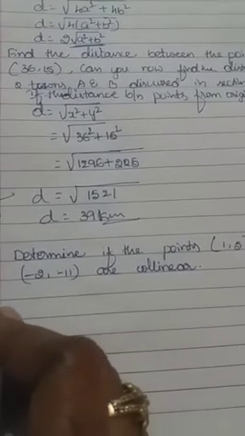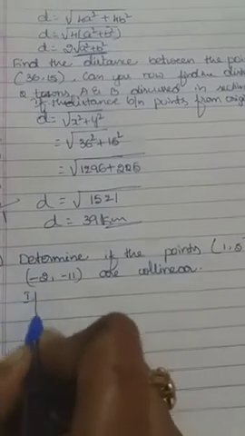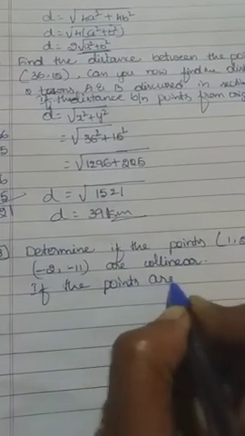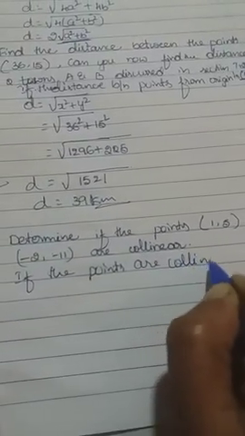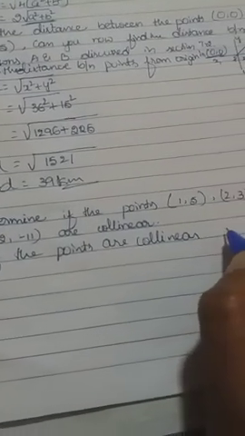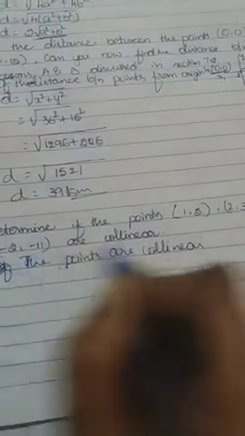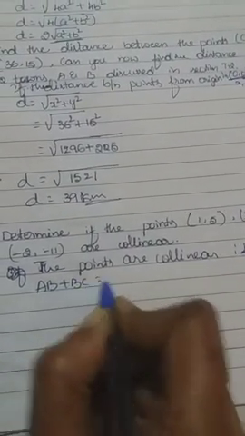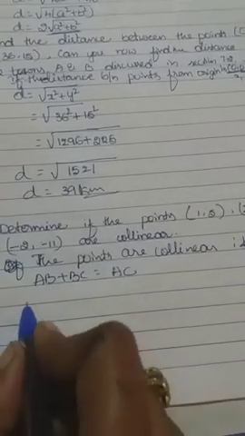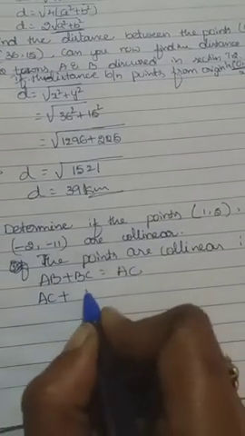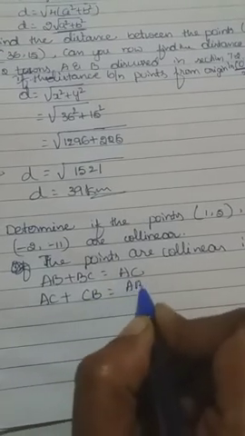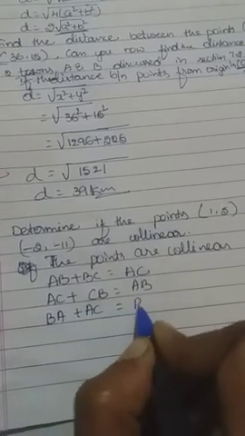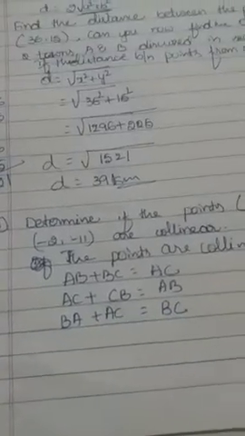You have to note down that if the points are collinear, when AB plus BC equals AC, or AC plus CB equals AB, or BA plus AC equals BC, then we can say the points are collinear.